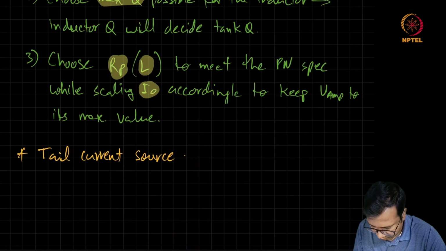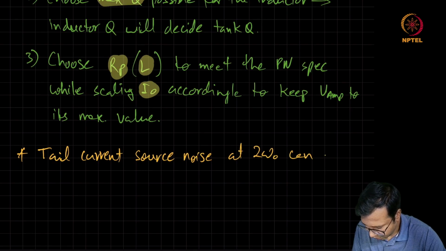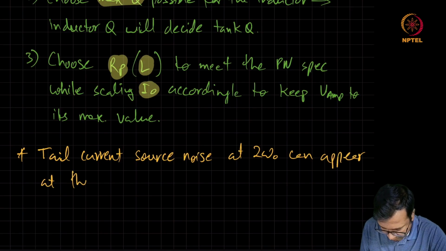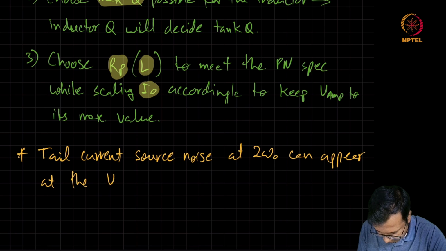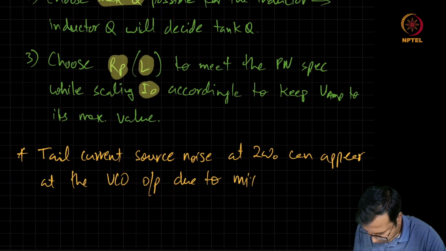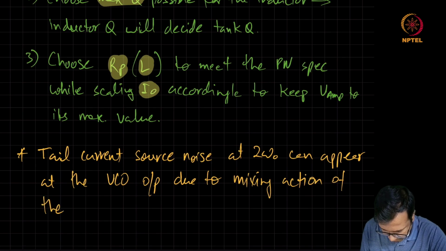So the tail current source noise at 2 omega naught can appear at the VCO output due to the mixing action of the cross-coupled pair.